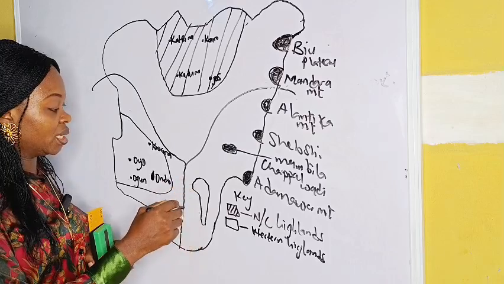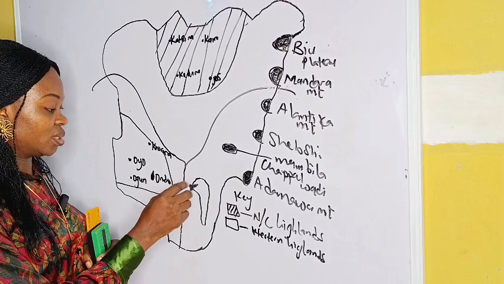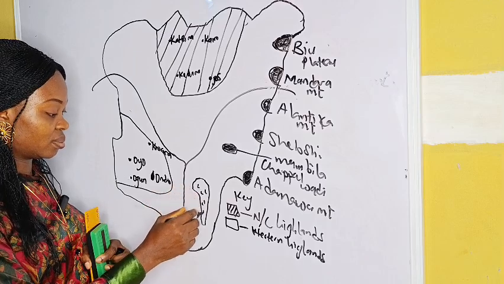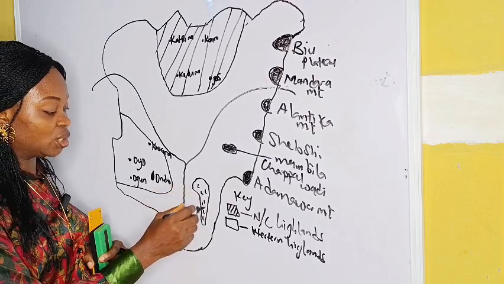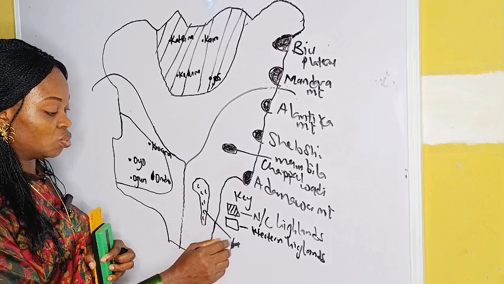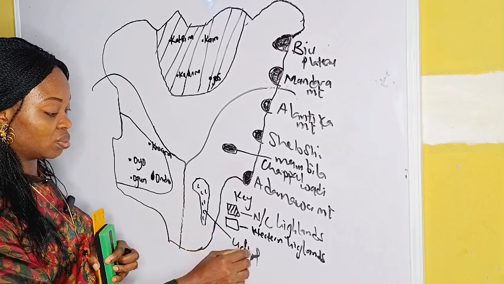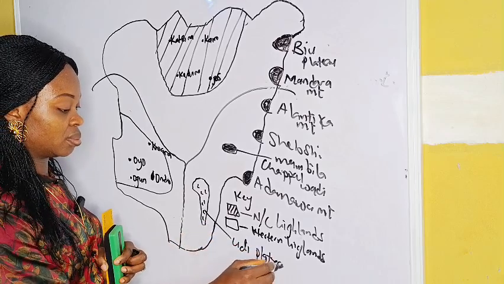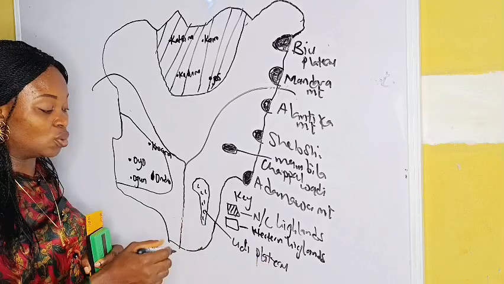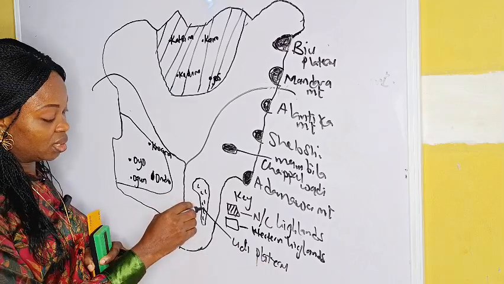And the highest peak, what should we use for this one? Let's use L. The highest peak here is Udi Plateau. And this plateau is found in Enugu State. Okay, Enugu.